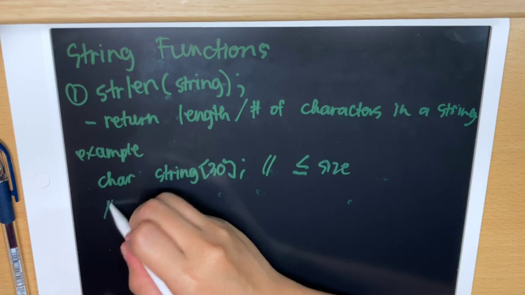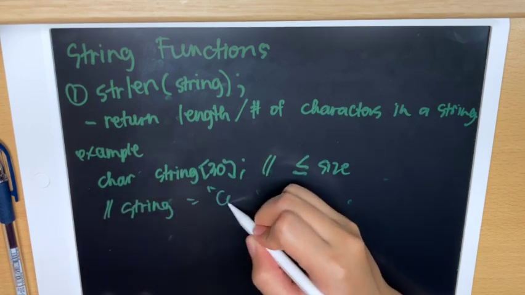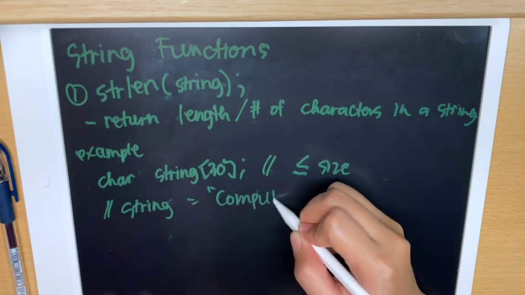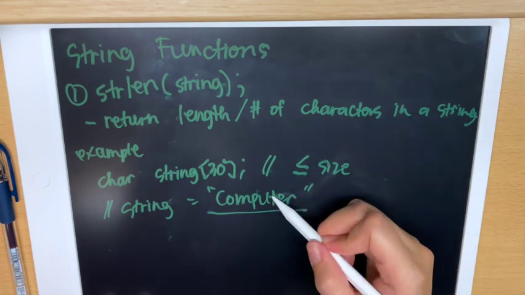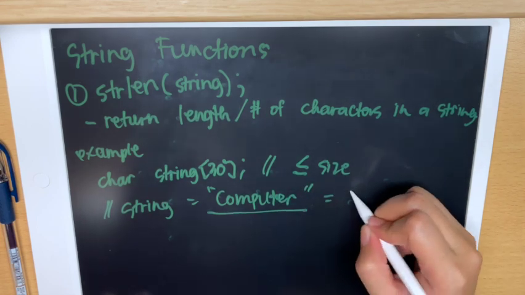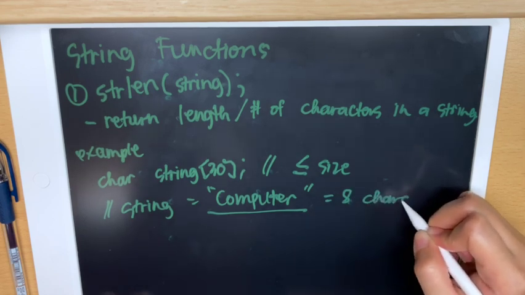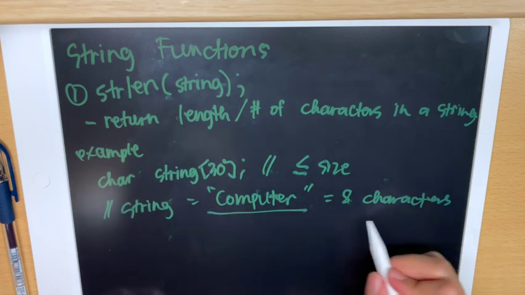Let's just say the value of the string is computer, and you want to know how many characters is computer. If you count manually, you will have 2, 4, 6, 8 characters. So the length of the string, which has the value computer, is 8.